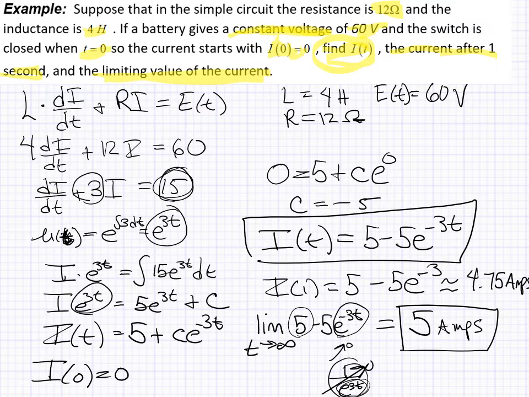Okay? So it was 3 questions in one, but really the big question was find the current function. And we did that by solving this differential equation. So another example of simple differential equations.